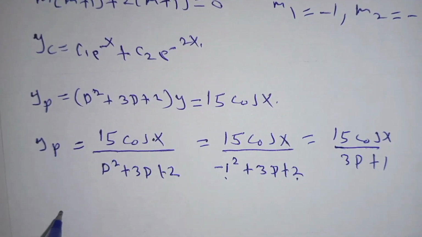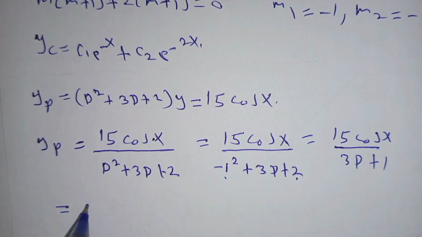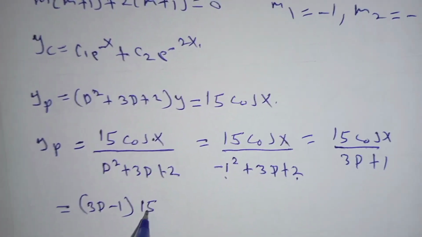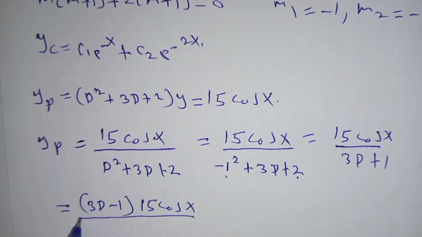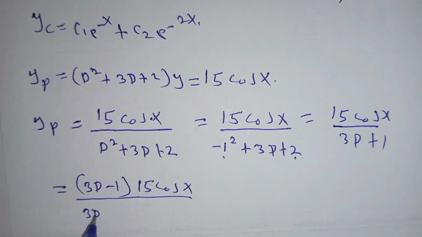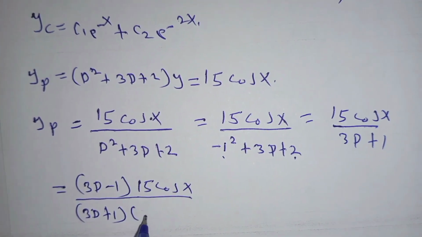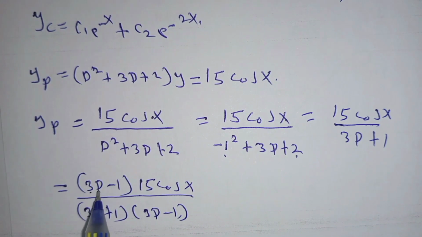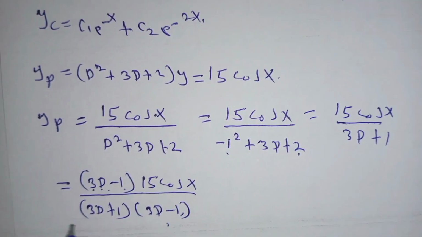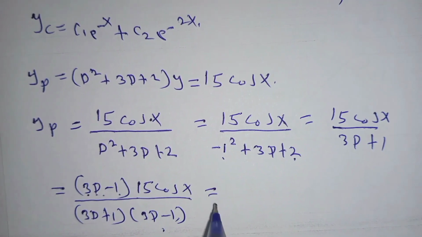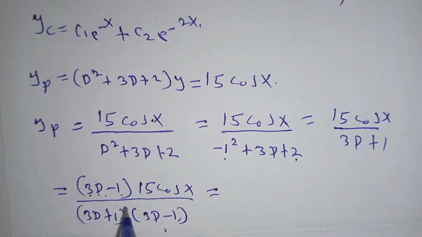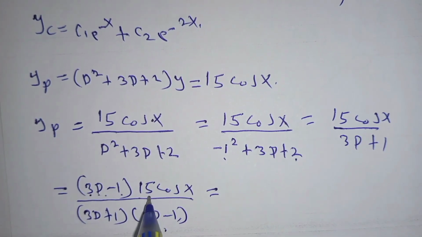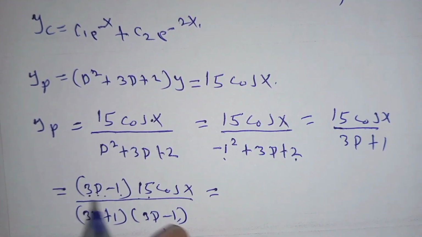The next thing, we multiply by 3D minus 1 and divide by it, which is the same thing: 15 cos of x times (3D minus 1), divided by (3D plus 1)(3D minus 1).